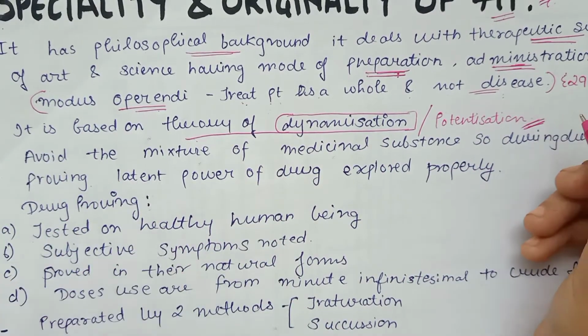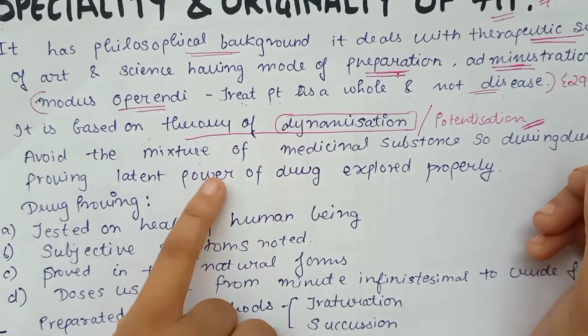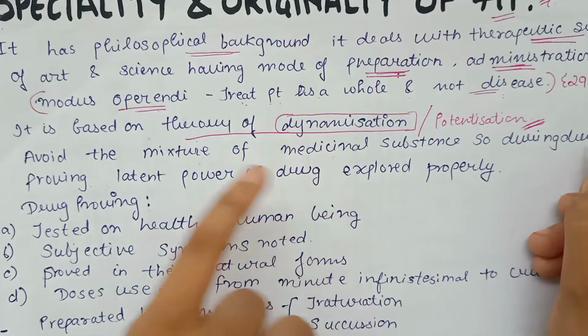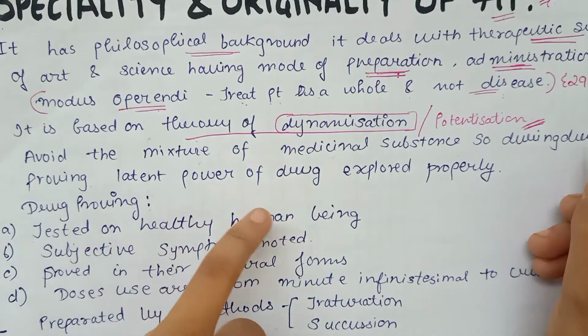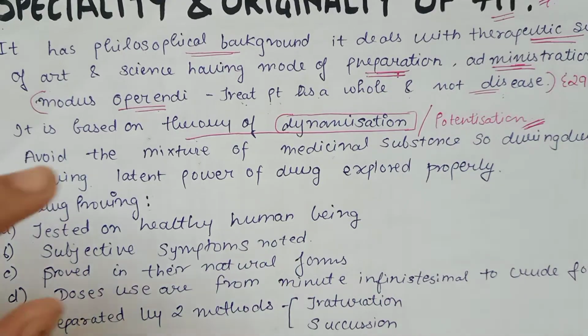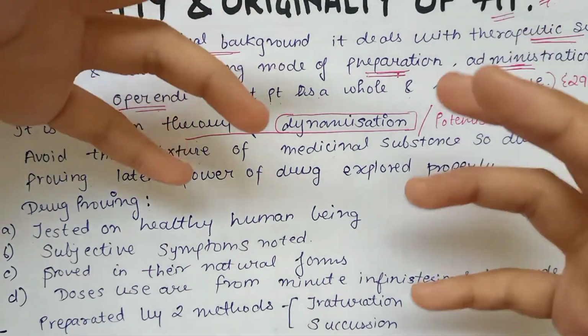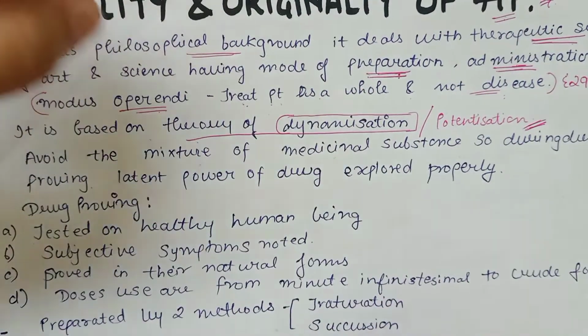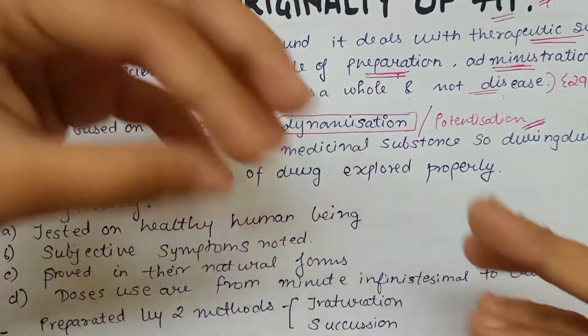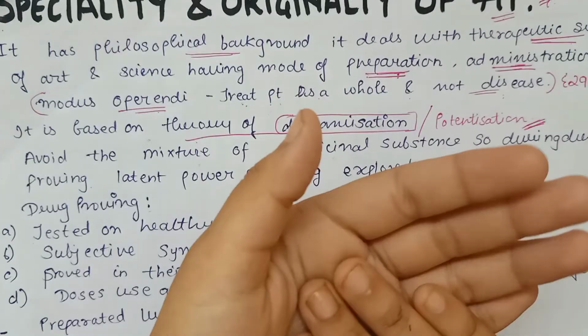What happens in potentization? To avoid the mixture of medicinal substances, so that during drug proving the latent power of the drug is exposed properly. We remove all the mixtures of medicinal substances, any mixtures or abnormal things, or we potentize it.